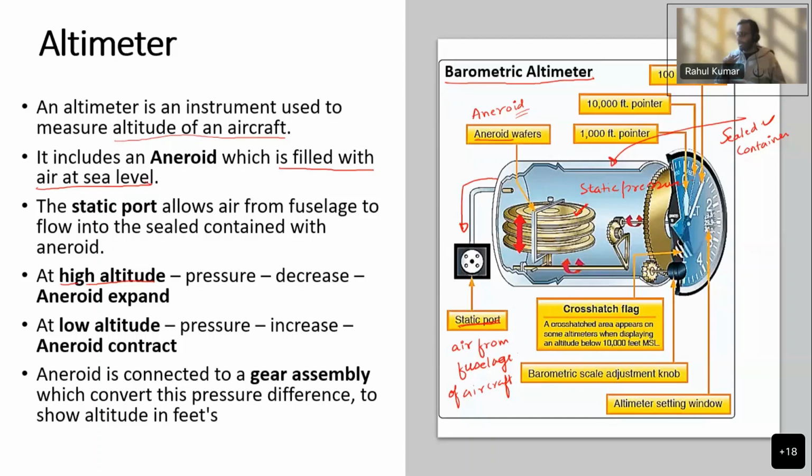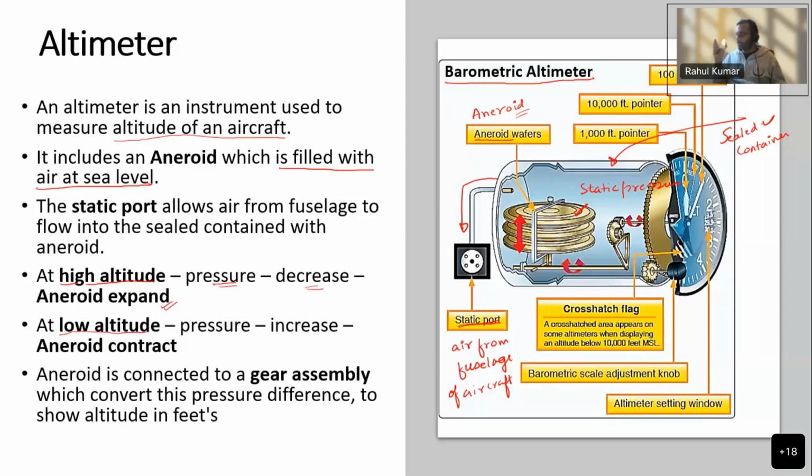And the aneroid will expand. So at high altitude, the pressure decreases. That means you will have low pressure around the aneroid, and the aneroid will expand. And at low altitude, the atmospheric pressure increases, so the aneroid will contract.